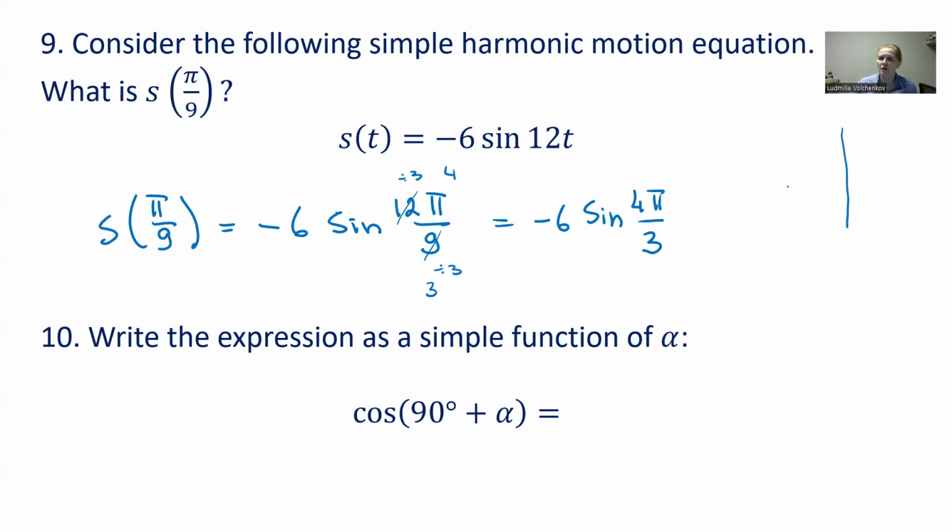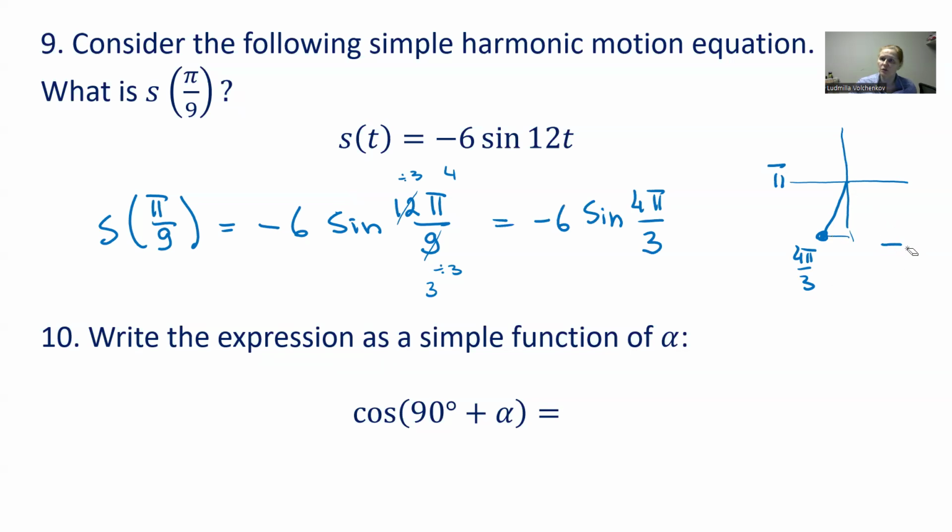Let us locate 4 pi over 3 on the unit circle. Here is pi, just 3 pi over 3, and the 4th pi over 3 will be in the 3rd quadrant. Sine is negative square root of 3 over 2.